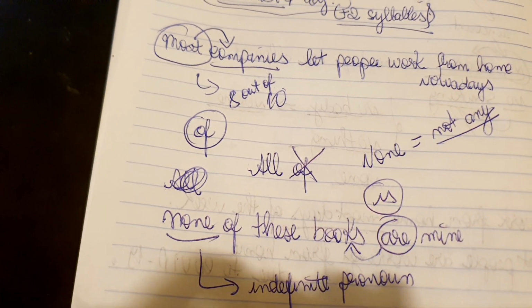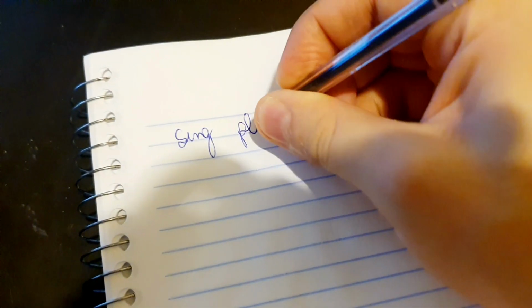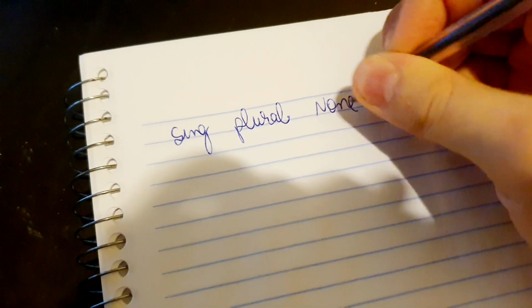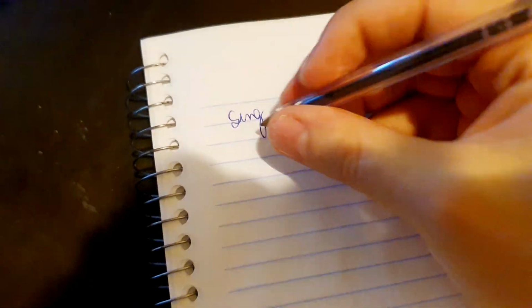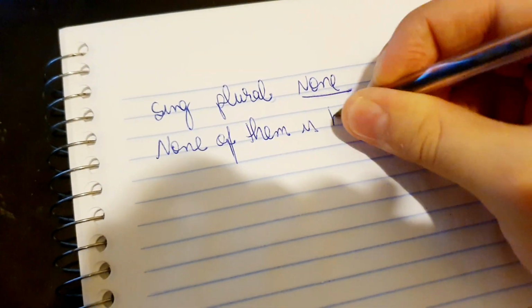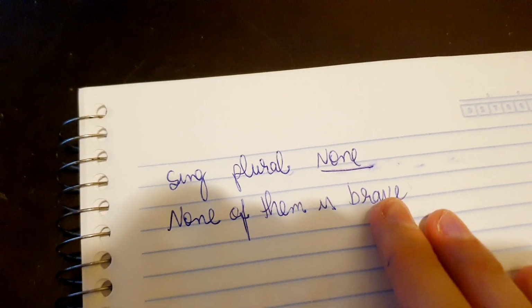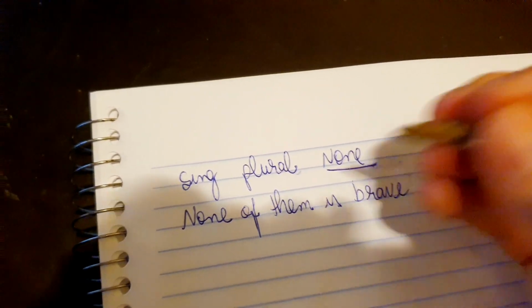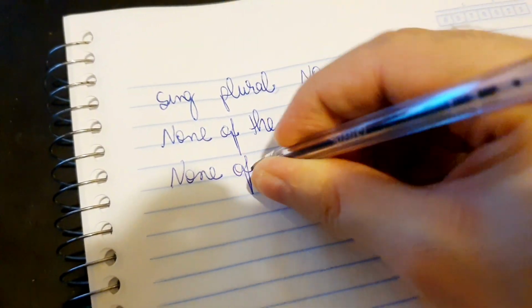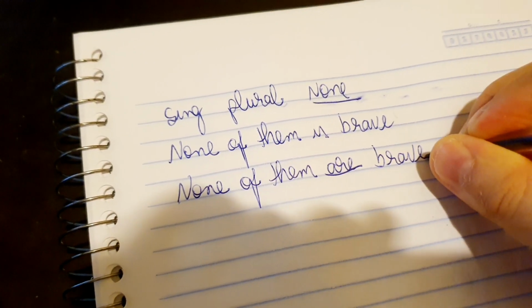It's possible to use. Here it says that sometimes you can use either singular or plural with none, and it works. For example, if you say none of them is brave, okay, which is the example I'm seeing here on the internet, you can also say none of them are brave. You see?